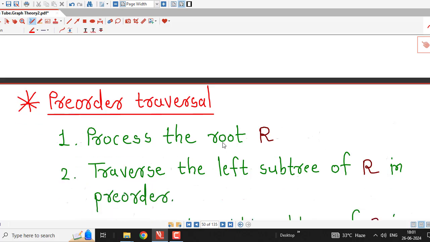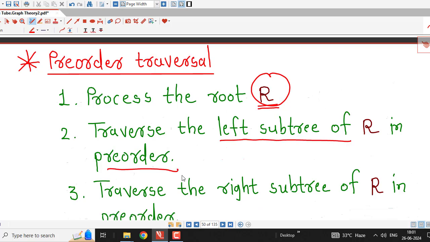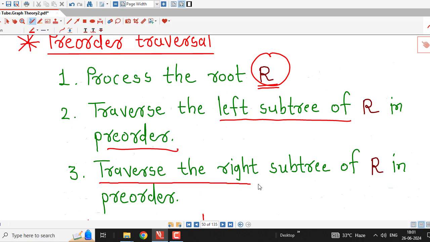In this algorithm, first we start by processing the root of the given ordered rooted tree. After that we consider the left subtree of root R in pre-order, and after that we traverse the right subtree of root R in pre-order.